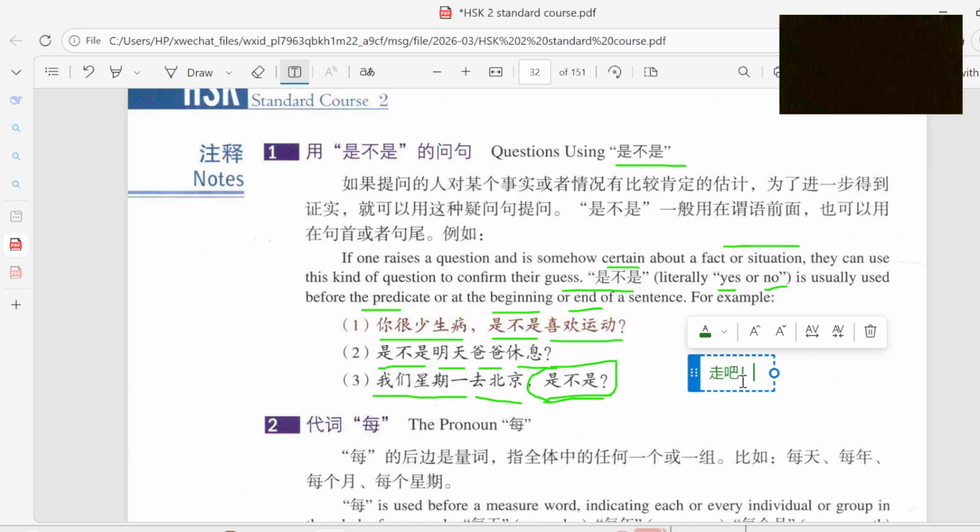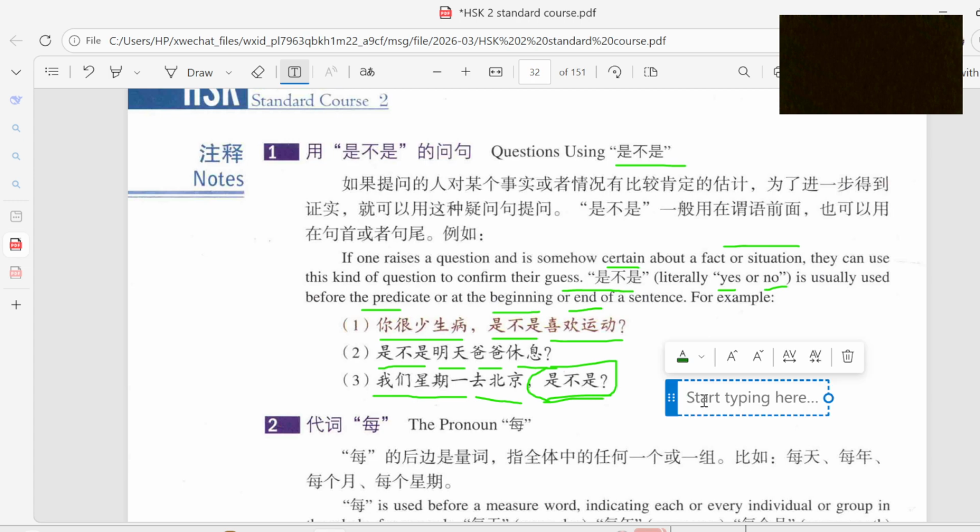In this case, you don't need to use 是不是, because 走 is a verb and 是 is a verb. However, you can replace 是 with 走. For example, you can say 走不走, go or not go.